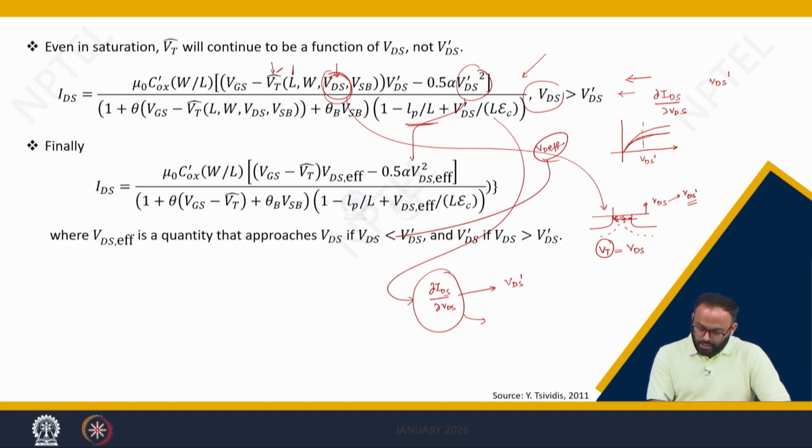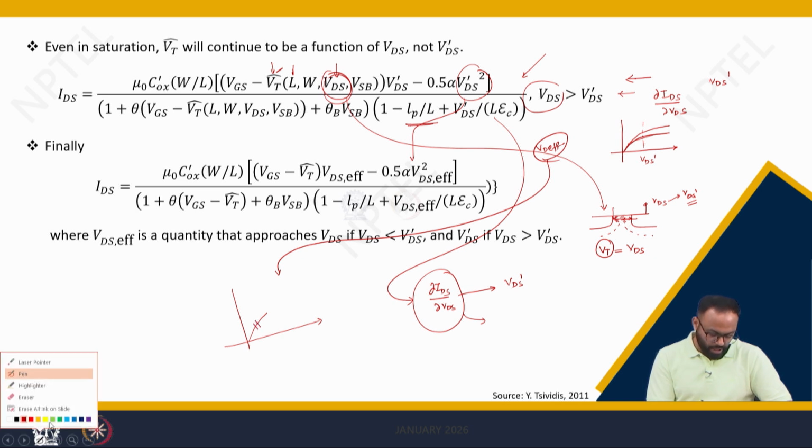This also helps you to rewrite your modeling approach. Suppose you want to write a code to plot a current, then there will be a part which is non-saturation and a part which is saturation.